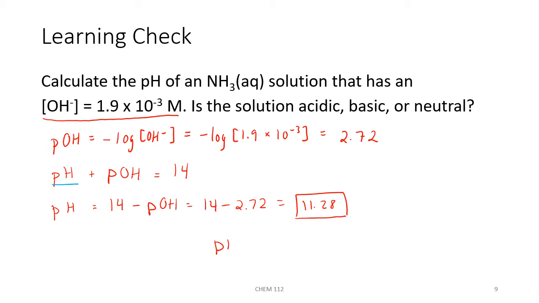Since the pH we calculated is greater than 7, the solution is basic. And we might have guessed that before we did any work because it was the pH of an ammonia solution, which, if you remember, ammonia is a weak base.